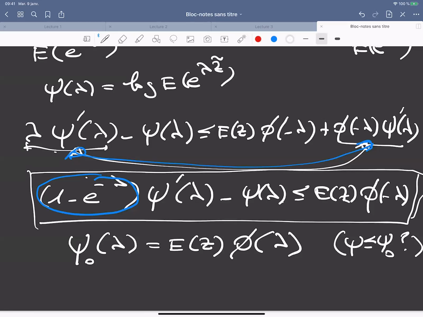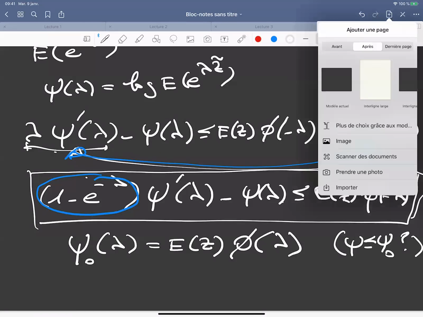Okay? So we have an ordinary differential equation, and psi null is the solution of it. So now what we want to prove is something which looks like a maximum principle. That is, we want to prove that a function which satisfies the differential inequality is less than the solution of the differential equality. Okay? This is what we want to prove.